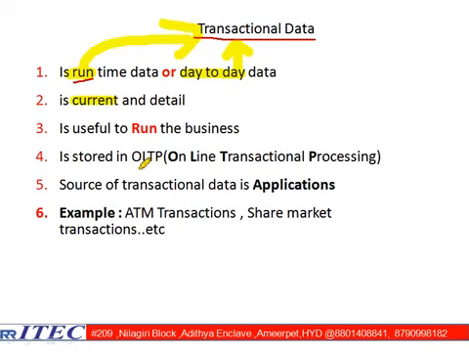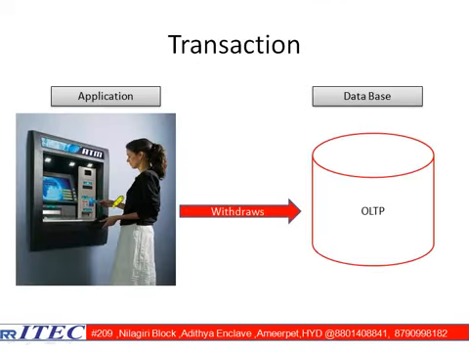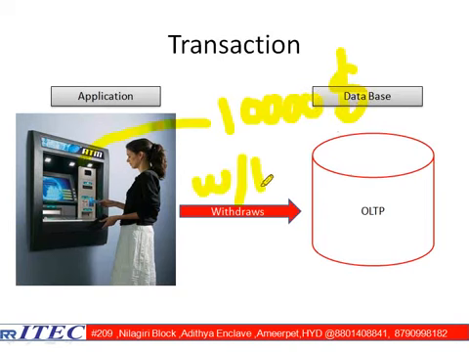What is the meaning? Suppose she has an amount of 10,000 USD dollars available. This is called the available balance. Yes or no, sir? She withdraws, let us say, $1,000.